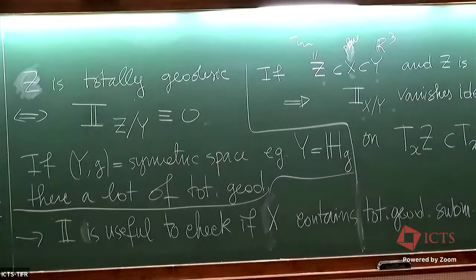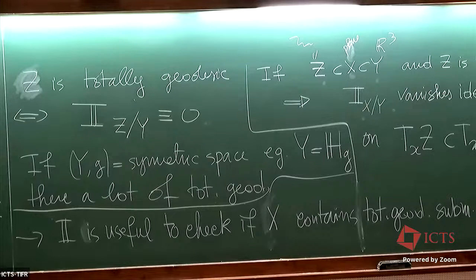Yes. For example, if you take the round sphere, this is a symmetric space, and if you take these ones, these are the equators. These are totally geodesic submanifolds. In fact, they are actually closed geodesics. But if you work in Sn and you take any Sk in between, this in fact is an example of a symmetric subspace of a symmetric space.